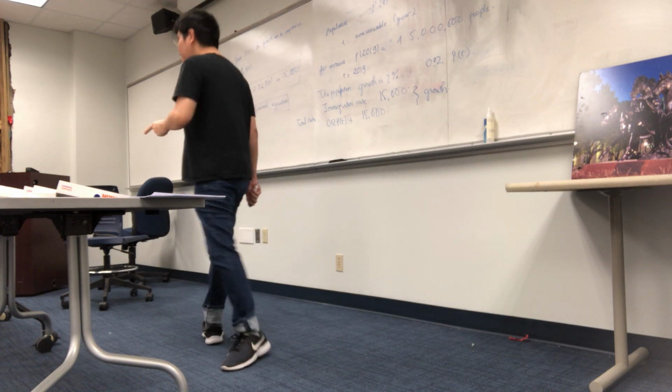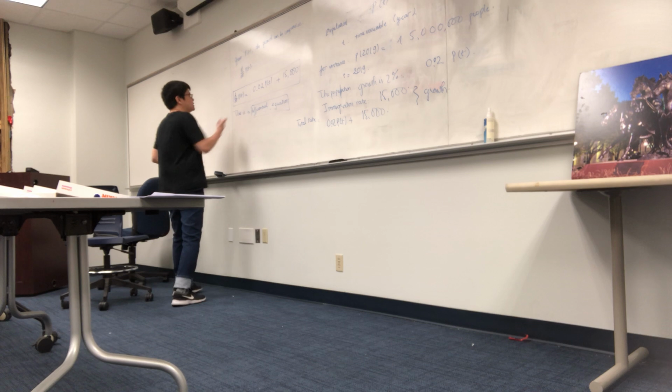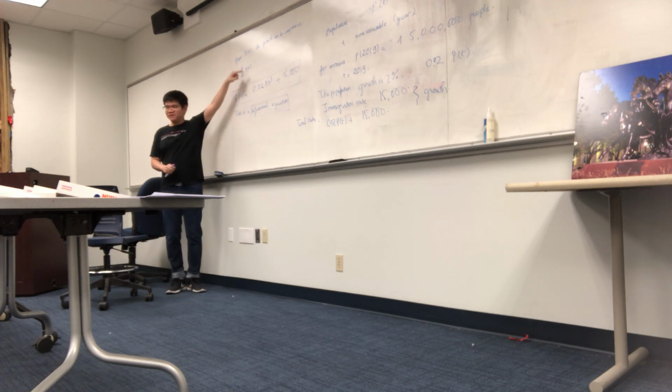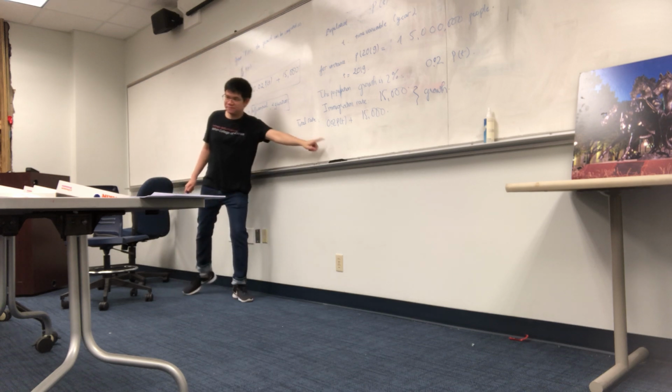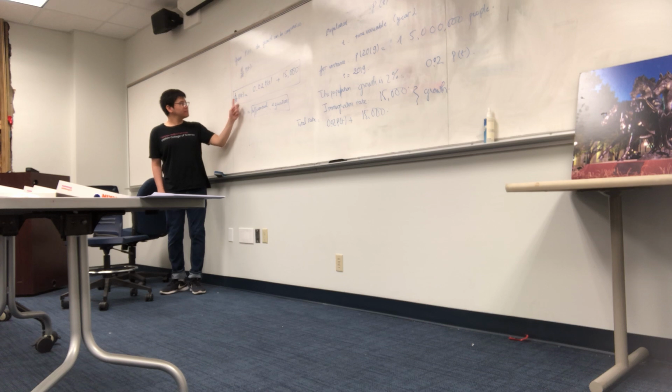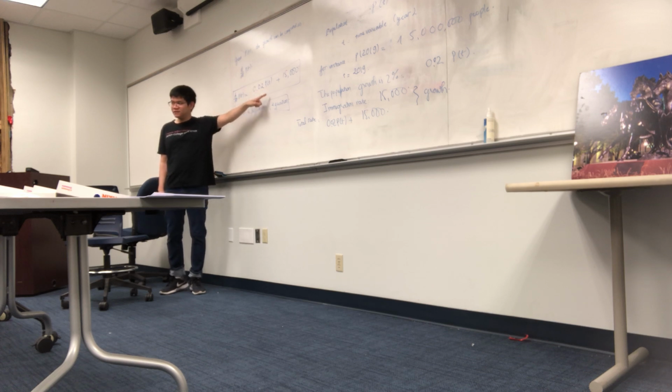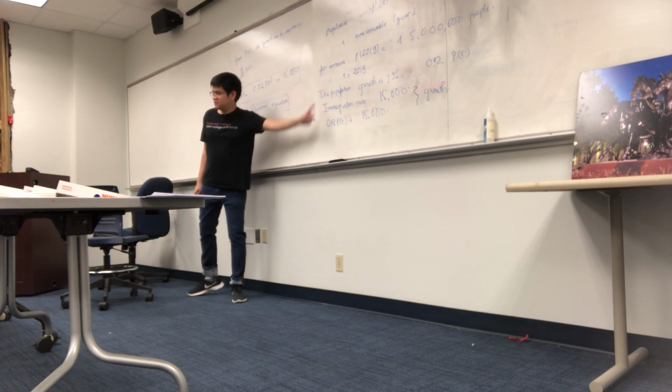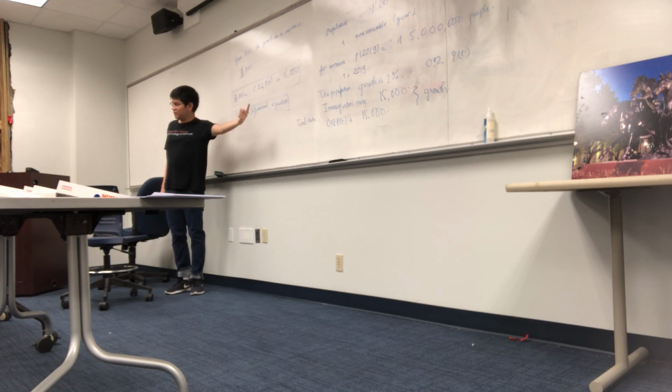But the rate is also the derivative in time of p(t). So you have two rates, this one and this one. You make them equal, and you have the derivative in time of p(t) is 0.02 p(t) plus 15,000. This gives you an equation, a differential equation.